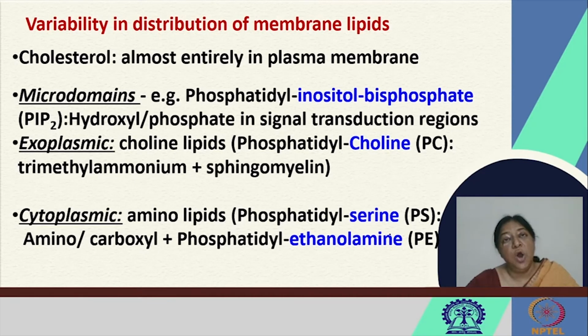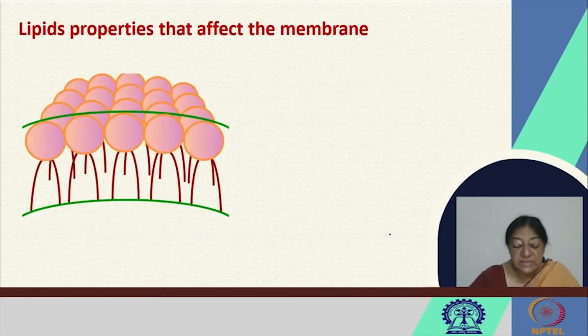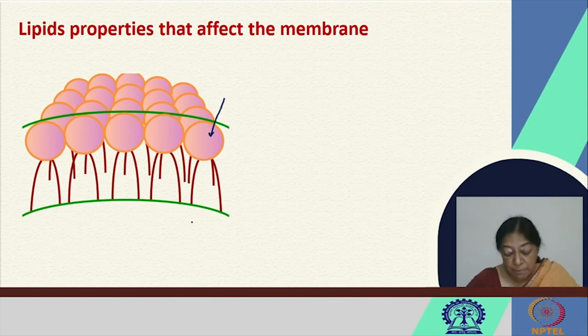So when we look at the variability in the distribution of these membrane lipids at the different positions of the membrane, we will see that these lipid properties affect the membrane in different ways. For example, the head group size compared to the length of the chain is going to give a variation to the structure, or what is called the curvature of this specific part.